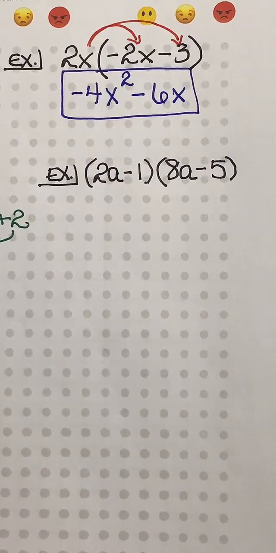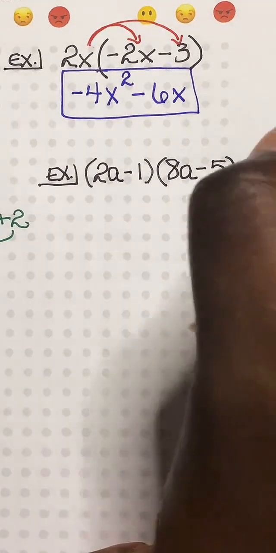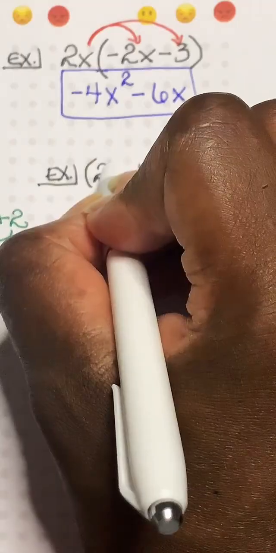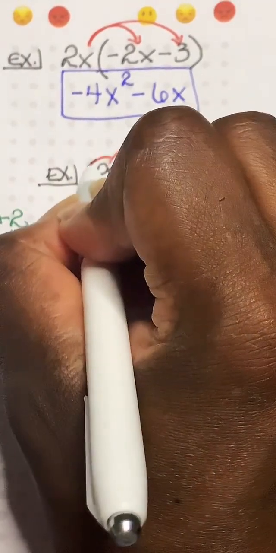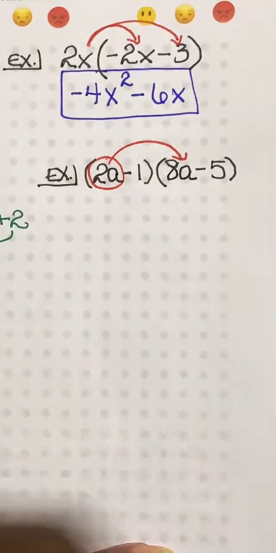There you go, the 2a to the 8a minus 5. There we go. The 2a times 8a. We can do that first. Good. Okay. Yes, the 2a and the 8a. There you go, Normie. Thank you. Right? Because sometimes I don't like to say FOIL. It is FOIL. We all know it very well.